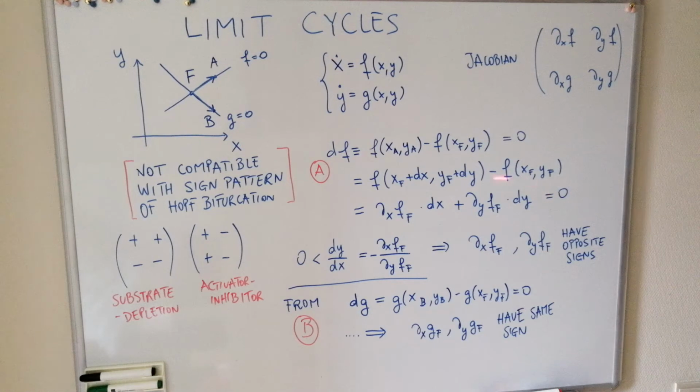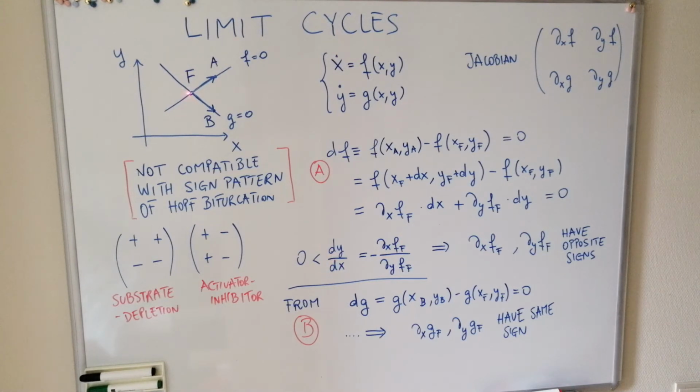If we solve this, we find that dy over dx must be equal to minus the derivative with respect to x divided by the derivative with respect to y, both of f at the fixed point.